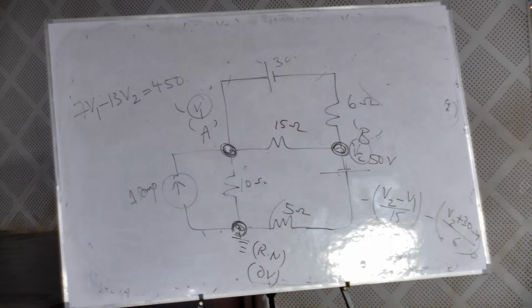Solving V1 V2 by Cramer's rule method. Right, V1 answer minus 10, V2 answer minus 40.